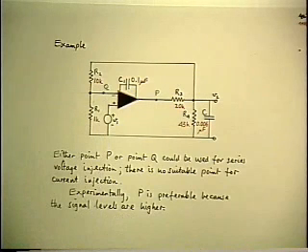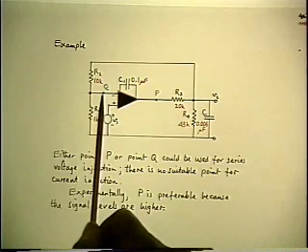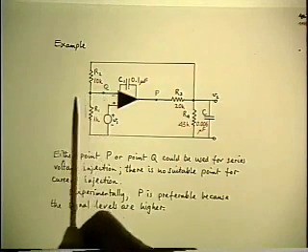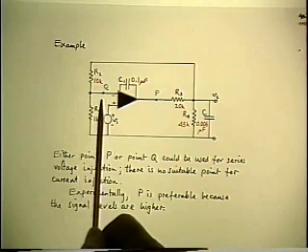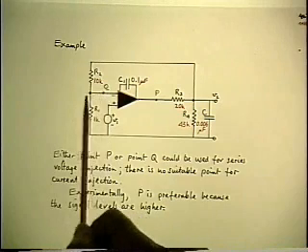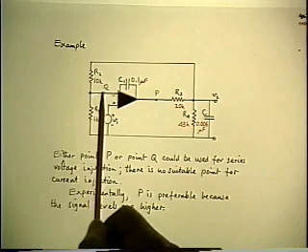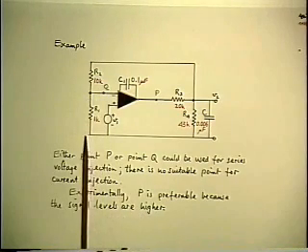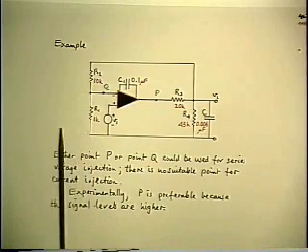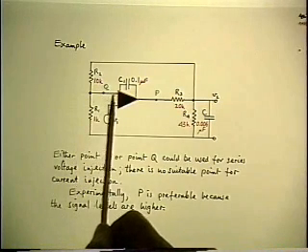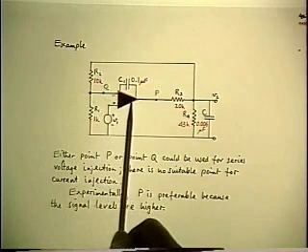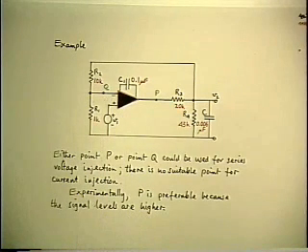Point Q would be equally good in principle, because even though looking back to the left, it's not an ideal source, the source impedance looking to the left, if you made a Thevenin equivalent, would be less than 1K. And while that isn't zero, it's very small compared to the impedance looking the other way, which is the input impedance to the chip, which is in the megohm range.